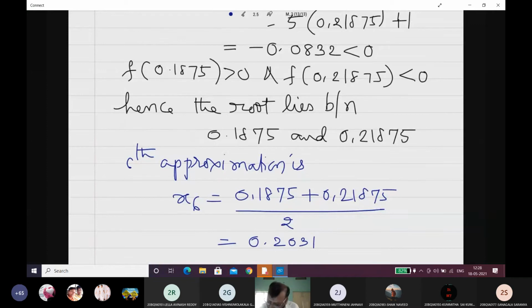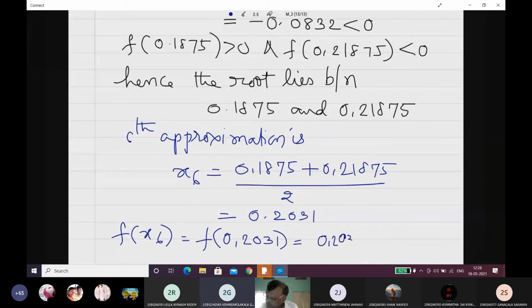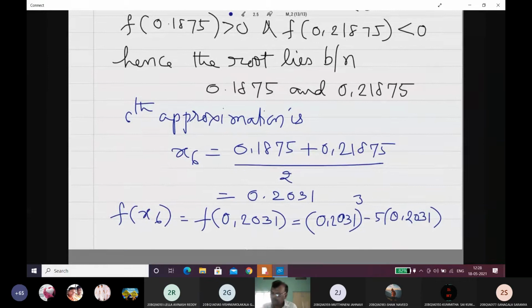f of x6 is equal to f of 0.2031, that is equal to 0.2031 whole cubed minus 5 into 0.2031 plus 1. ఈ వాల్యూ క్యాలిక్యులేట్ చేయండి.